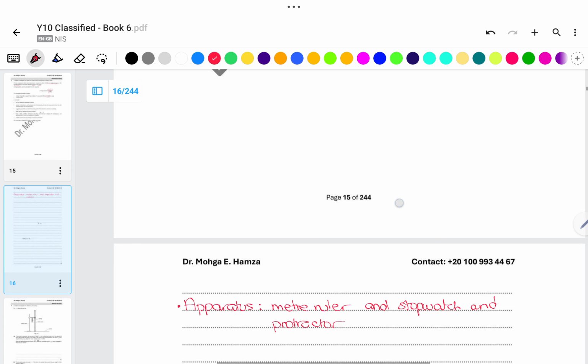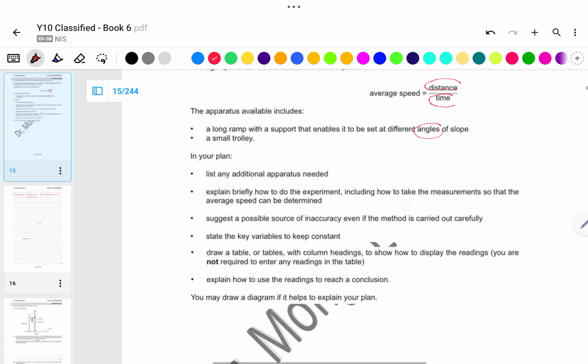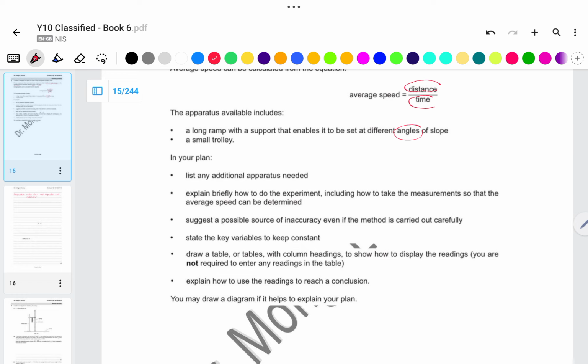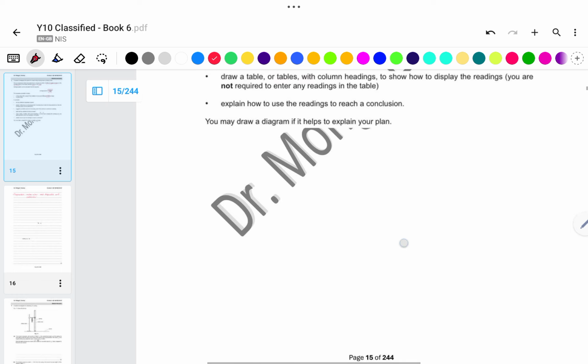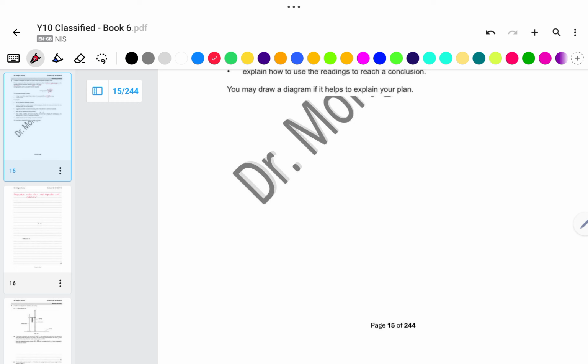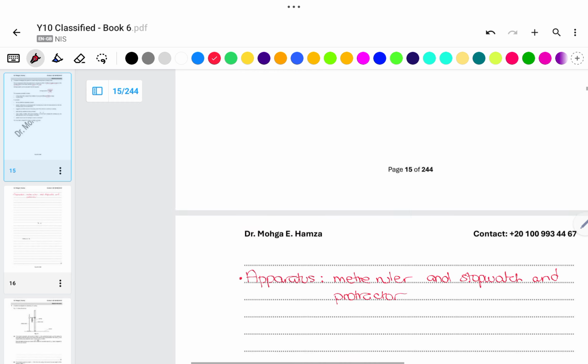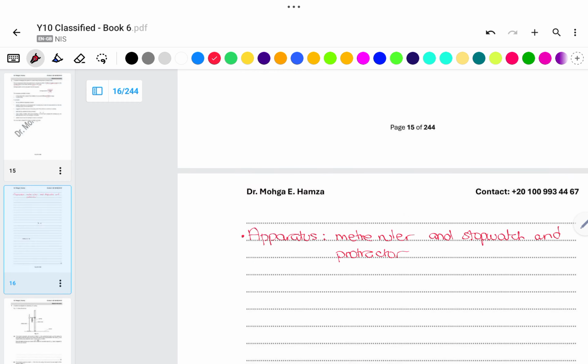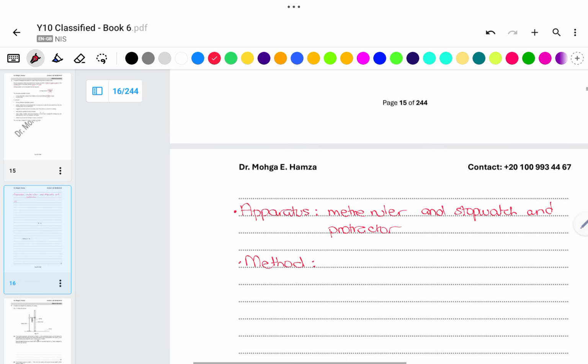Okay. Next part of the question, explain briefly how to do the experiment, including how to take the measurements so that the average speed can be determined. This one's easy. So for the method, please clarify which part you are answering here. If you're going to answer the apparatus, write apparatus and then your answer, method and then your answer, and so on.